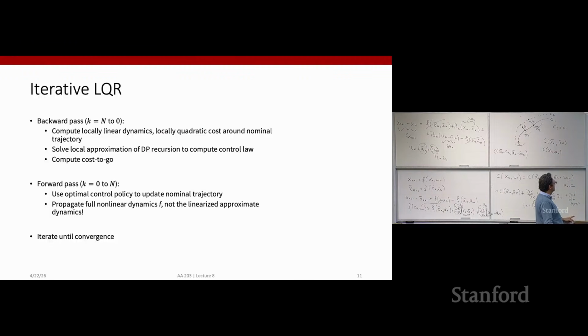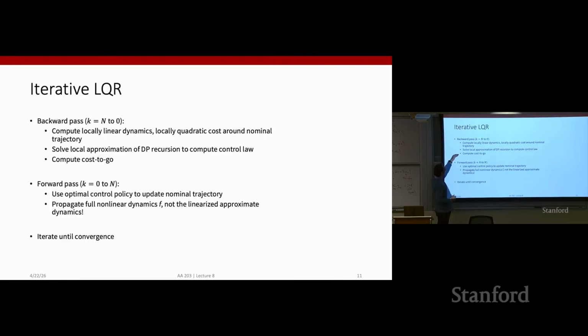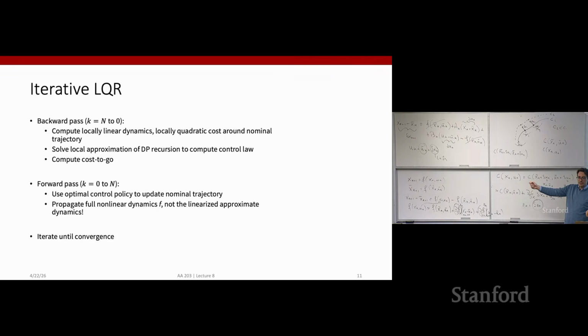So here, iterative LQR essentially comprises 2 steps, a backward pass and a forward pass. In the backward pass, we compute a locally linear dynamics, locally quadratic cost around the nominal trajectory. We solve the Riccati equation to compute the optimal deviation variables delta U. And then in the forward pass, we use the optimal control policy, UK plus delta U, in order to obtain the state sequence.